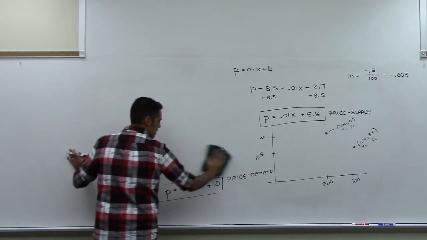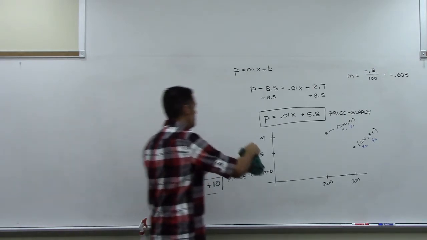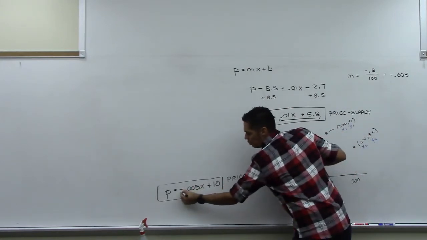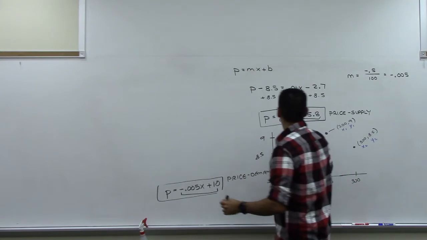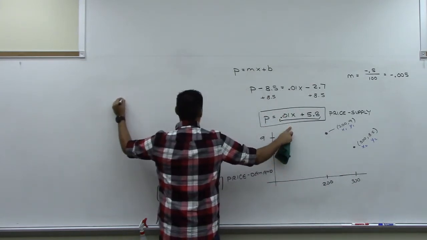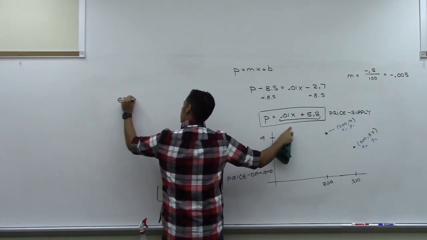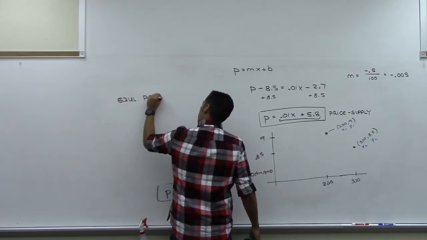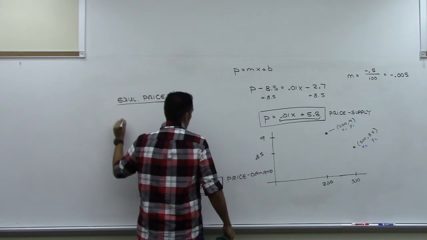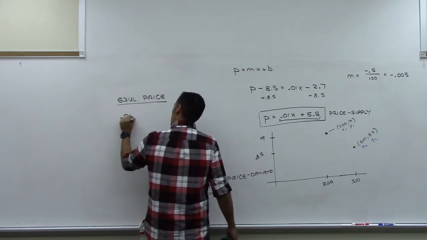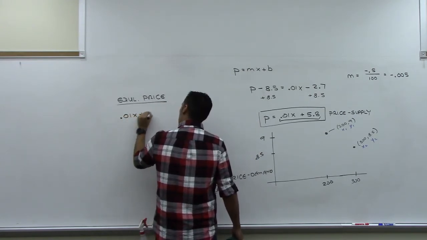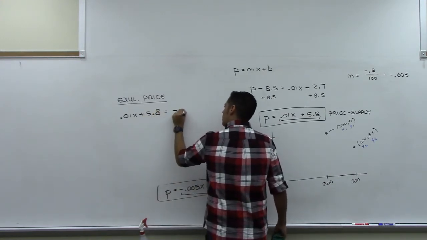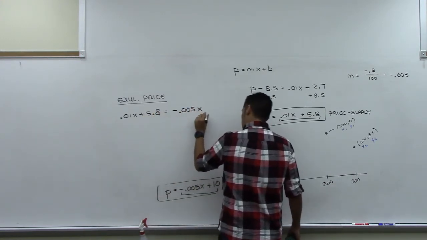So I'm going to take this equation, which says P equals this, right? And I want to know when that same price will equal this. So I'm going to say equilibrium price. Okay, to do that, I'm going to take 0.01x plus 5.8 and set it equal to this one, negative 0.005x plus 10.